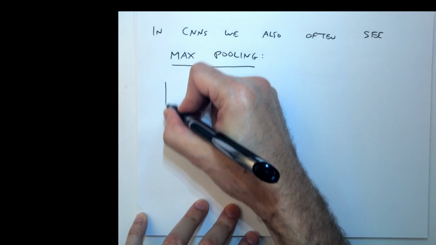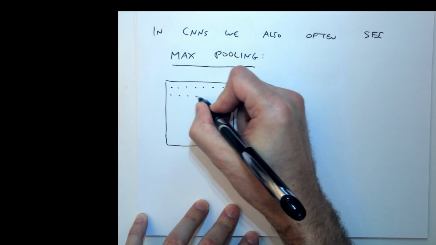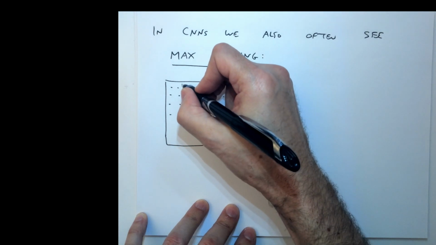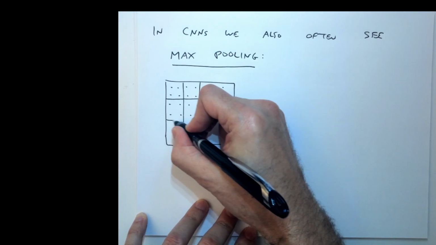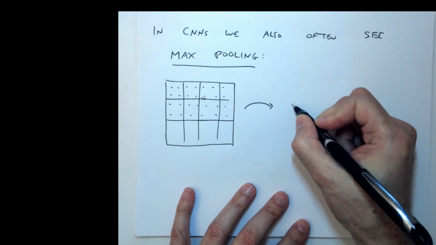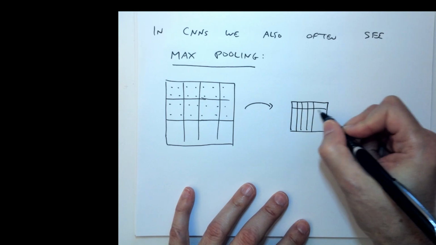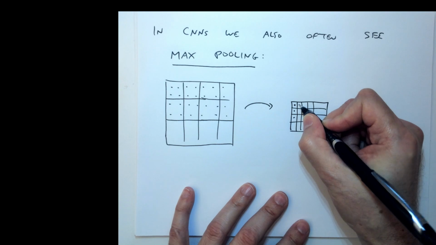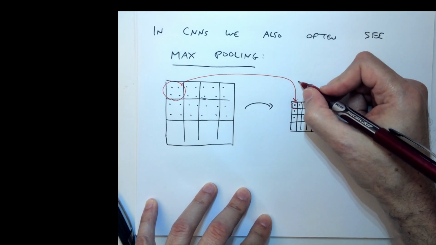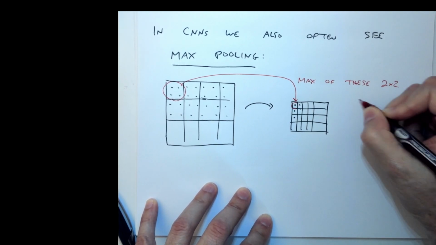Which again is a very simple idea. That's just like saying if I have an output at some layer and I have a bunch of numbers at my output. So here, what I could do is split this up into sets of 4x4 or 2x2 images, and turn this into a result that is twice as small, where each of these guys in this square is basically taking the max of these 2x2 elements.